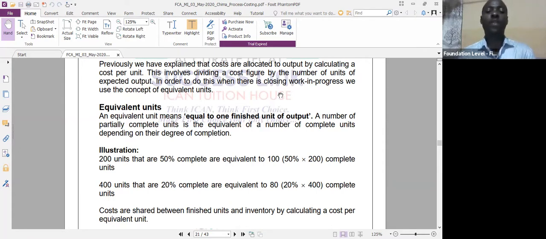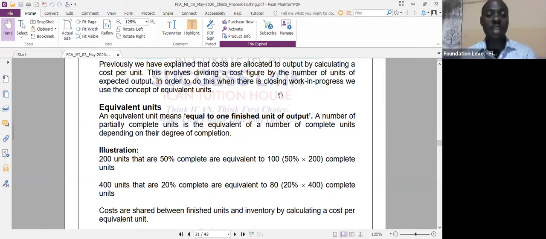Illustration, let's say 200 units of bread, and we have in it 50% complete. So when we say 200 units of bread is 50% complete, 50% of 200 will give you 100 complete units.